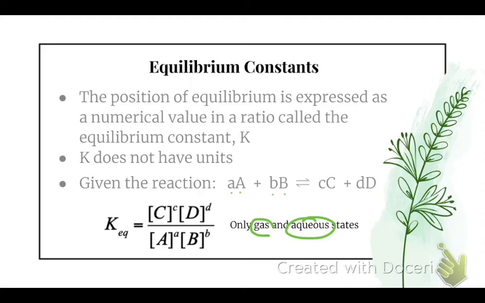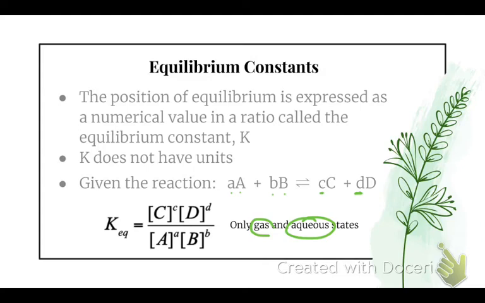We're assuming that everything's a gas in this given reaction because you can see that I have brackets around C and D, they're my products. The brackets mean concentration. The little exponents are my coefficients of C and D, so lowercase c and d. If they're 1, then you would put a 1 there. If they're 2, you would put a 2 there, so on and so forth.